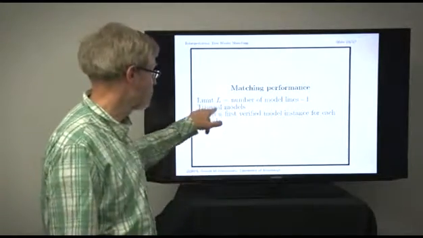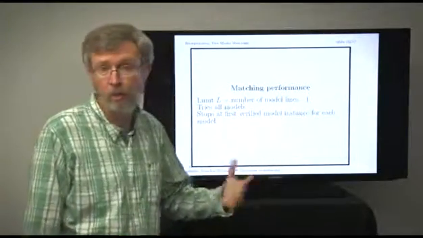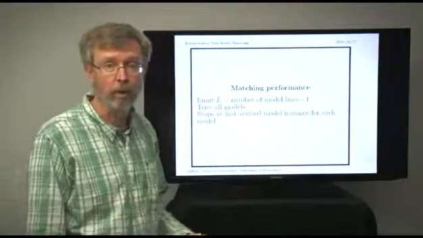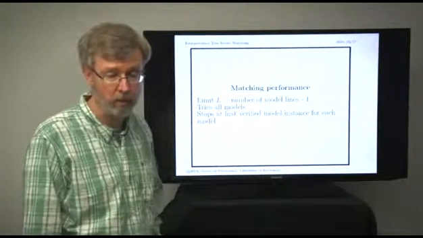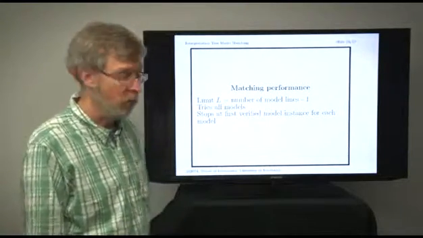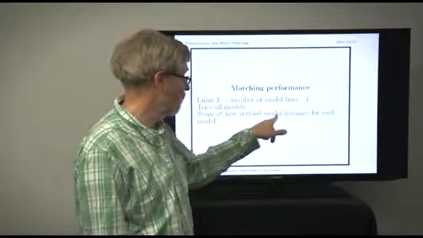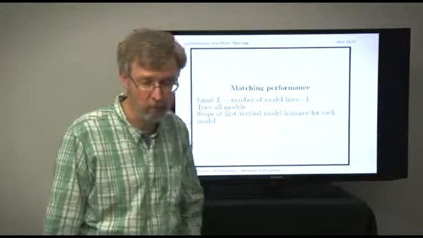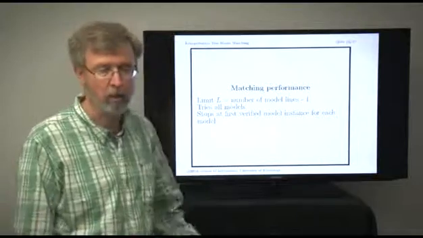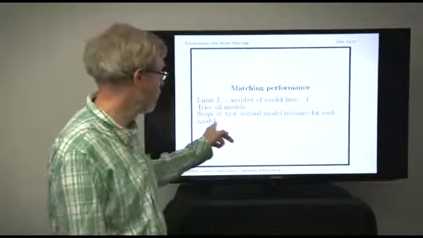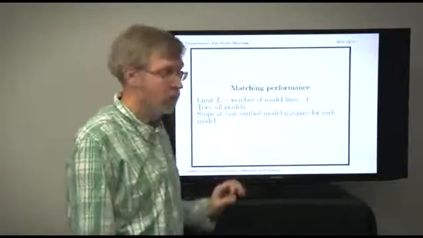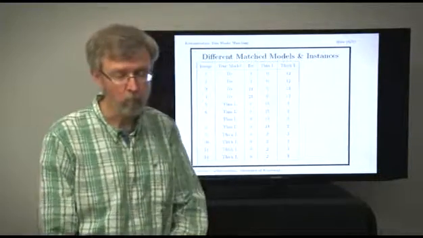We'll also allow it to try all the models in the data set because we don't know which object we're looking at to begin with, and we have 3 possibilities here. And we can just say, we'll stop at the first verified model instance for each of the models. Okay, and that's a perfectly reasonable way of setting up your matching algorithm.